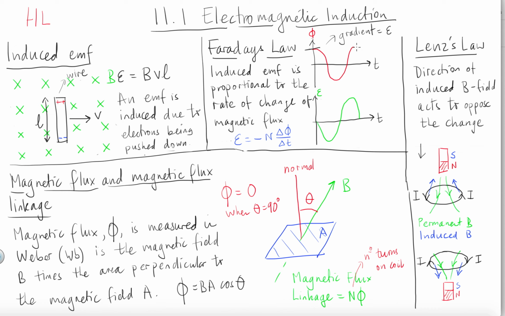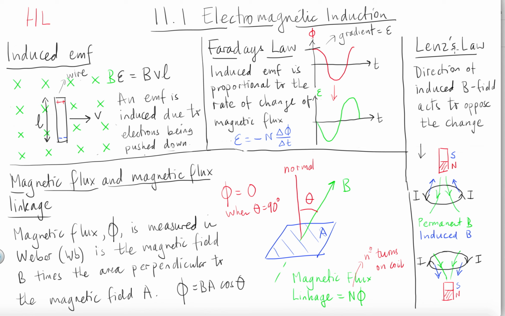And from a graph of magnetic flux against time, because induced EMF is the rate of change of magnetic flux, that's interpreted as the gradient at any instant in time of the magnetic flux time graph gives us the EMF. So if we had a graph of magnetic flux against time which looked like this, that would interpret to a graph of induced EMF against time, which looks like this.